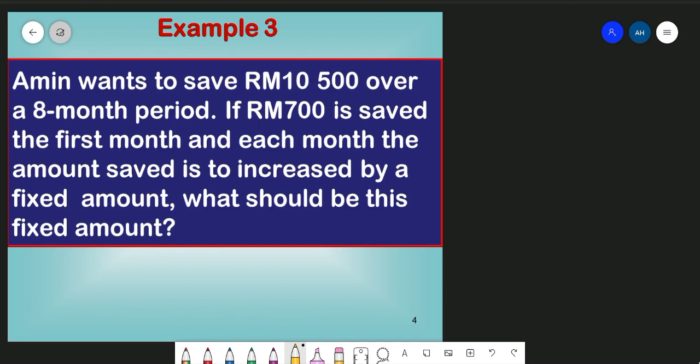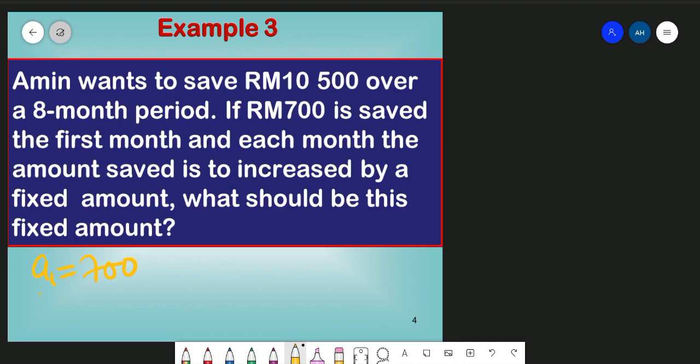Amin wants to save 10,500 ringgit over an 8 month period. If 700 ringgit is saved the first month, and each month the amount saved is to increase by a fixed amount, what should this fixed amount be? For the first month, Amin saved 700 ringgit, so a1 equals 700.